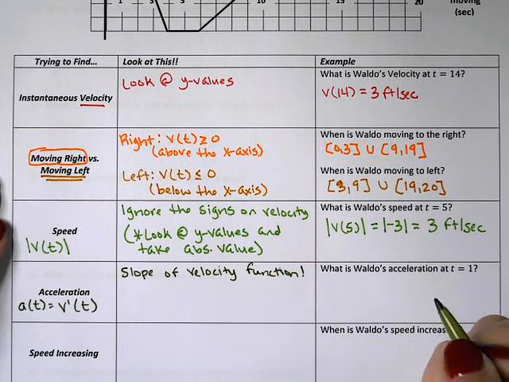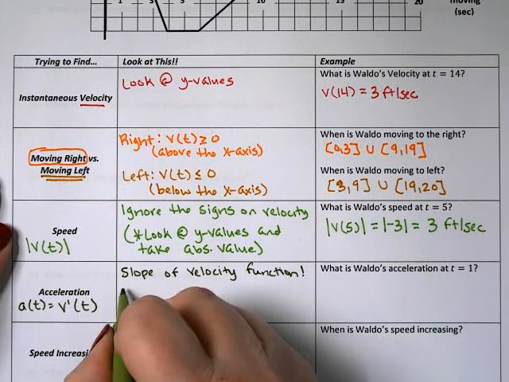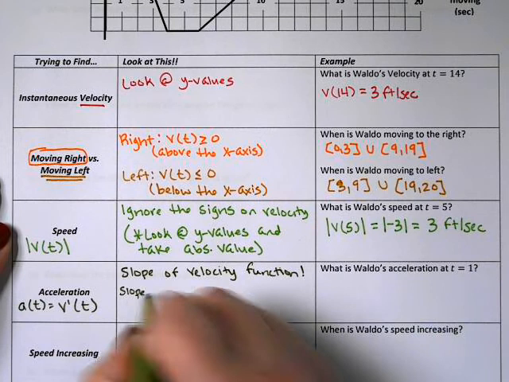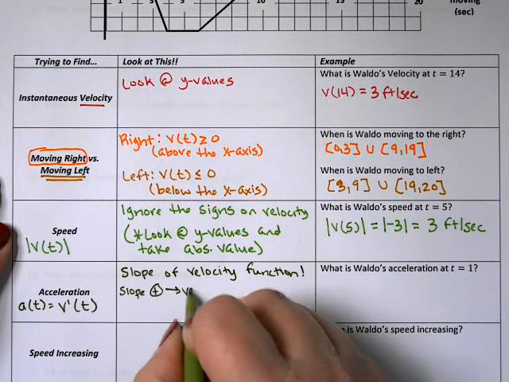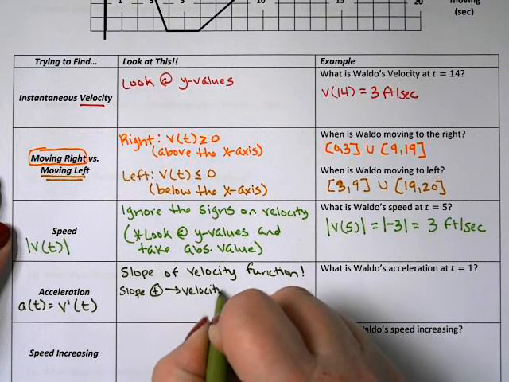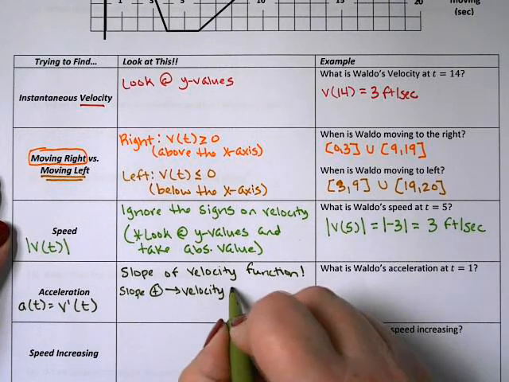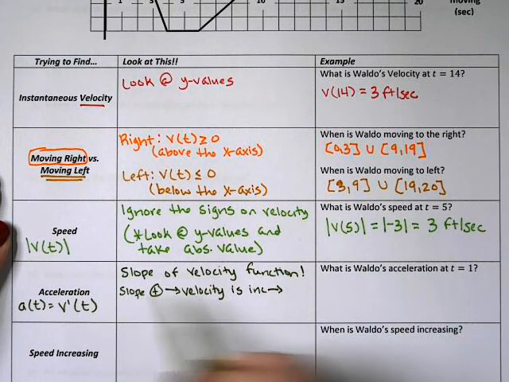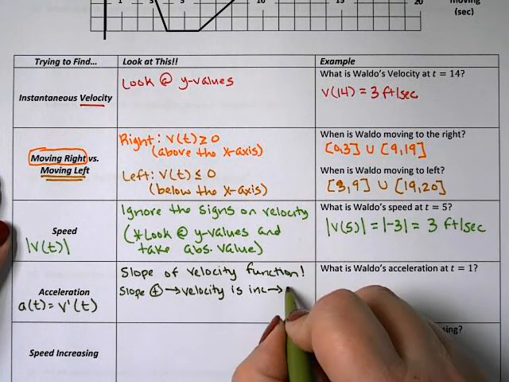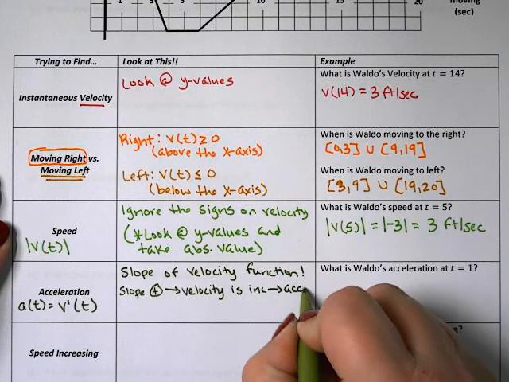Just a couple of quick side notes for you guys. Anytime the slope is positive, it means that the velocity is increasing, and it means that the acceleration is positive.